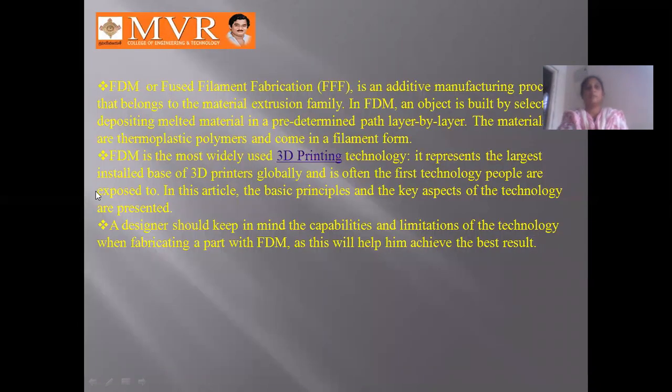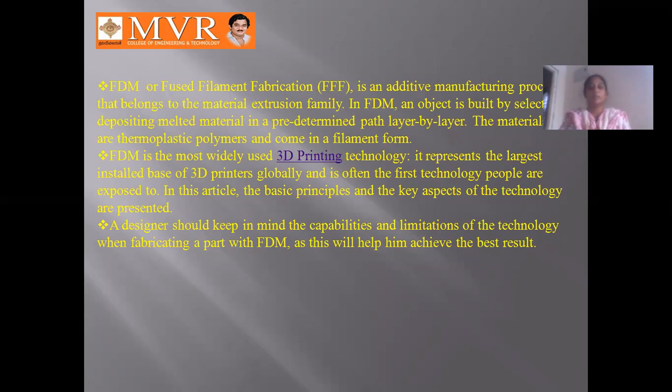FDM, or fused filament fabrication, is an additive manufacturing process that belongs to the material extrusion family. In FDM, an object is built by selectively depositing melted material in a predetermined path layer by layer. The materials are thermoplastic polymers that come in filament form. FDM is the most widely used 3D printing technology.